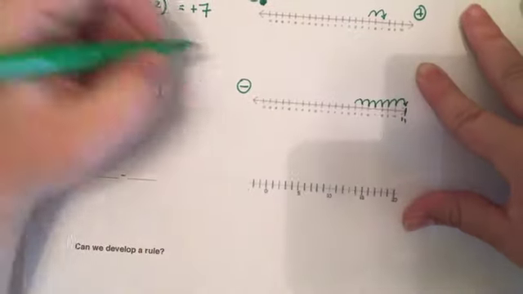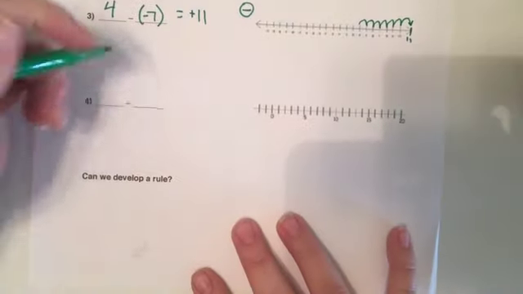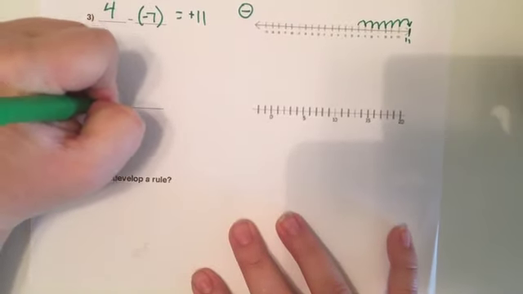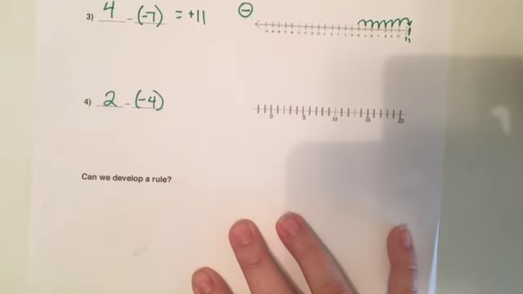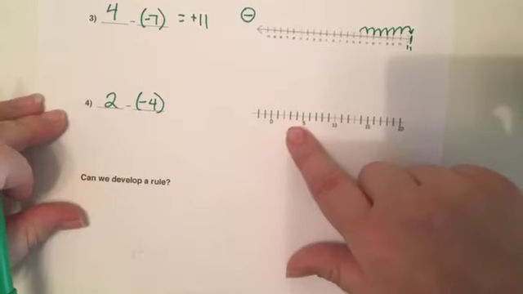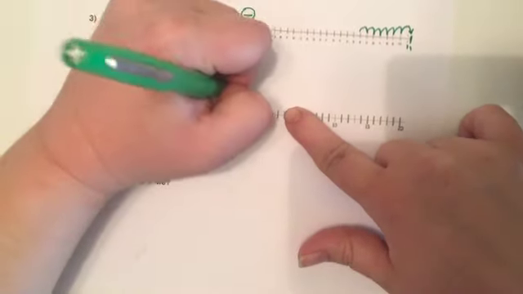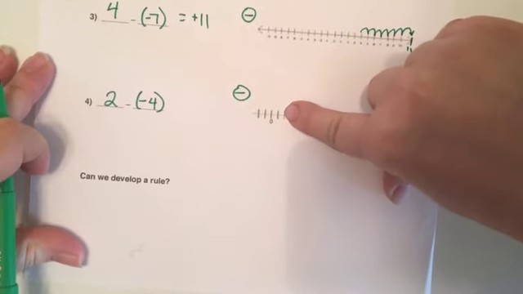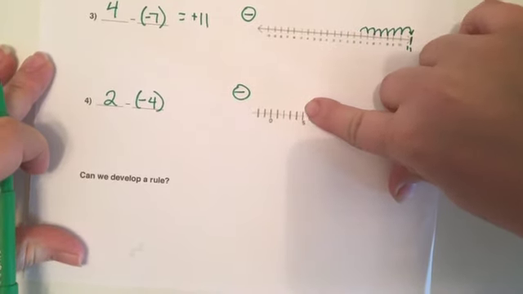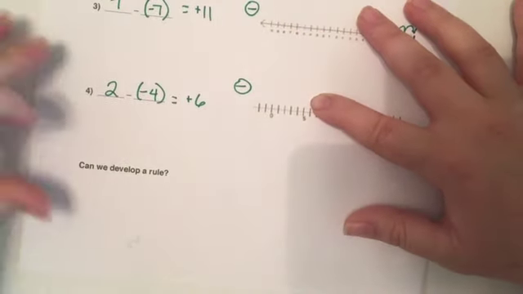That's going to be positive 11. All right, let's try one more. You've got 2 minus negative 4. So if I start at positive 2 on my number line and I face the negative side, I then can move backwards 4 spaces, 1, 2, 3, 4, and I get a solution of positive 6.